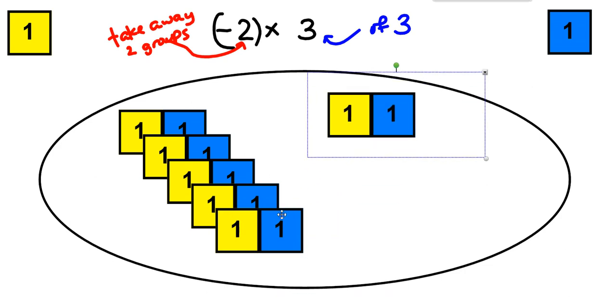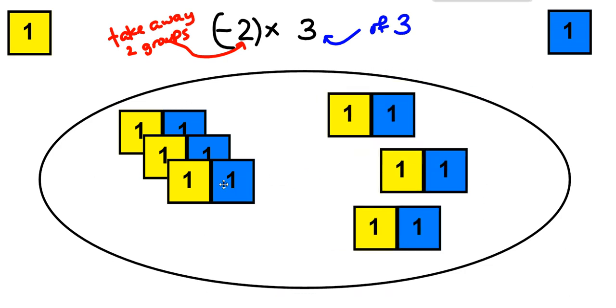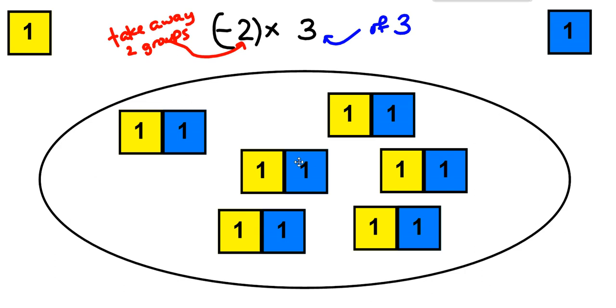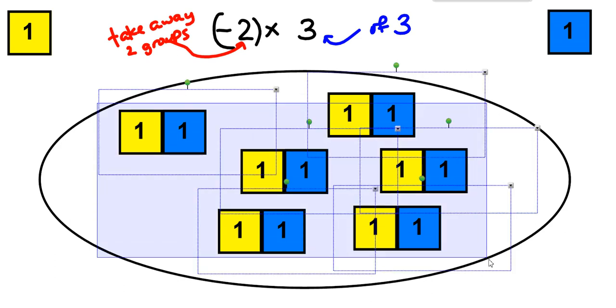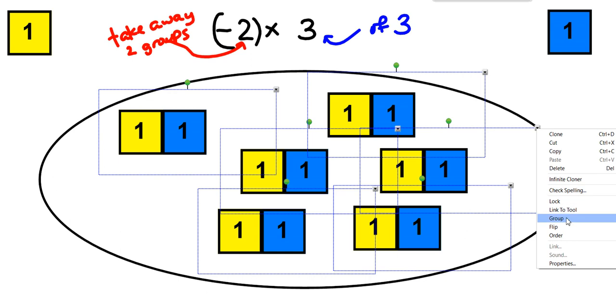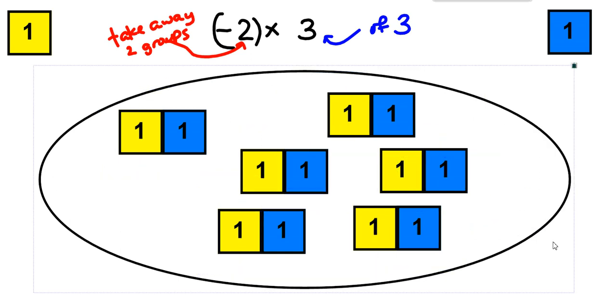And so sure enough, you've got 6 0 pairs. But now, I'm going to need to ungroup all of these. But now, we can take away two groups of 3.